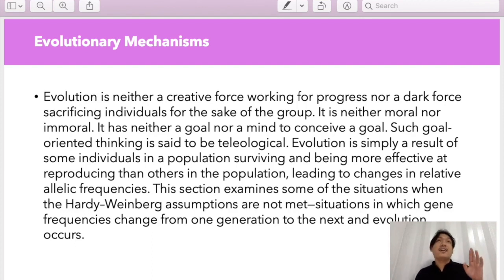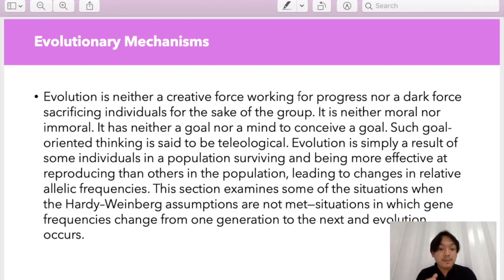And this is the definition of a species, a biological concept of species. If the species are able to mate and reproduce, transfer their alleles, genes, traits to the next generation, then they could be a part of evolution.